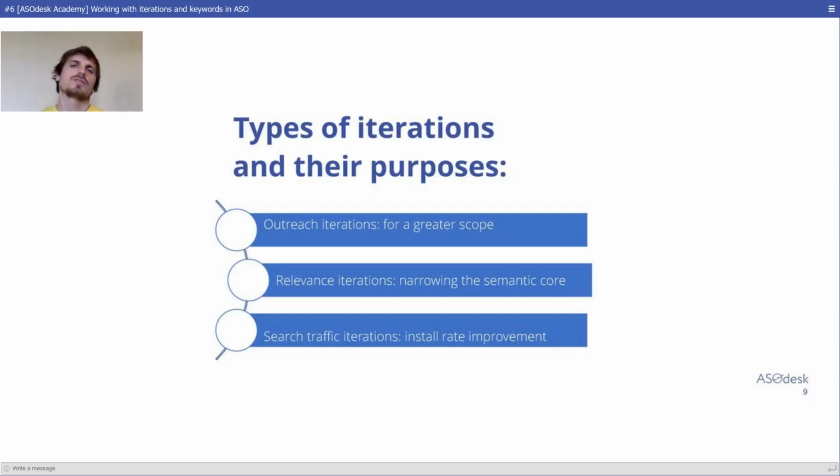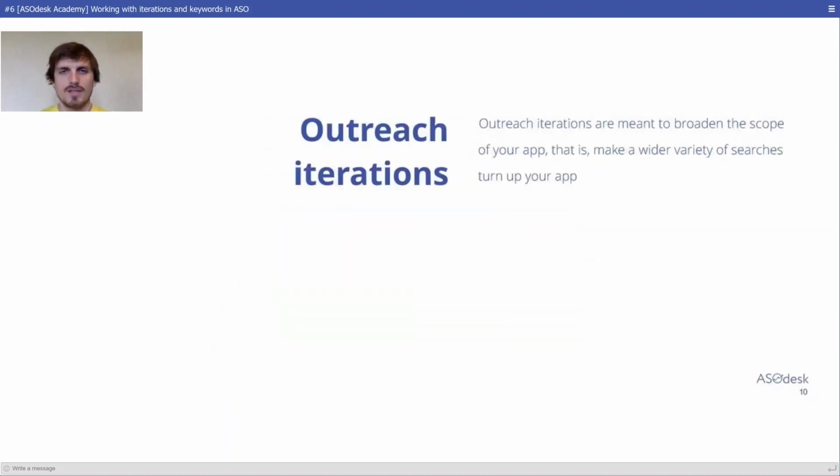So this is the second type of iterations. And then search traffic iterations, which directly must affect our app units rate. So let's talk a few more words about each of the iterations.